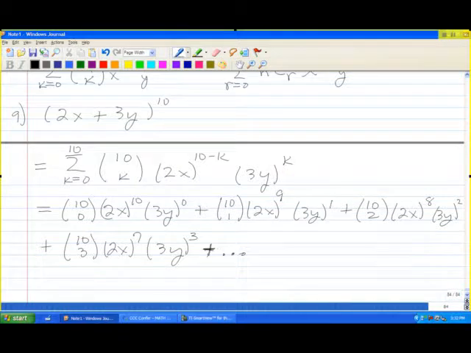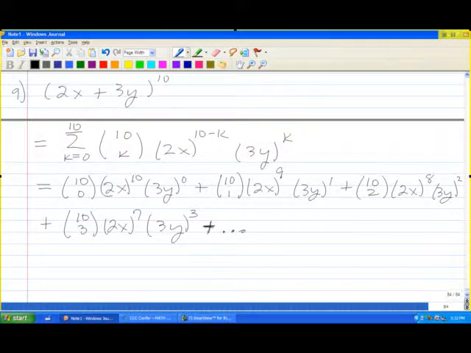Okay, well, 10C0 is just 1, so plug that into your calculator. That's 1. 2 to the 10 is 1,024 times x to the 10.